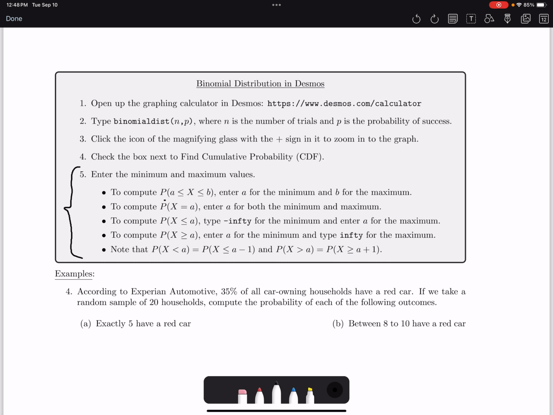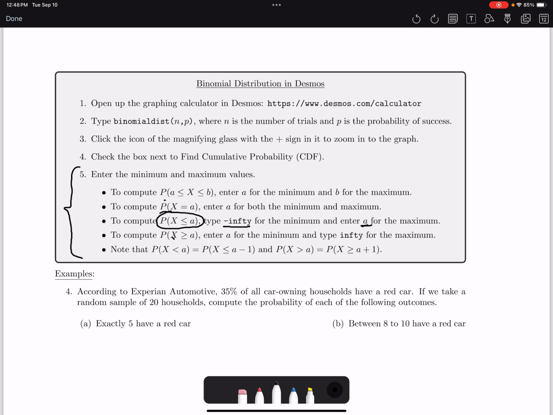If you want the probability x is less than or equal to A, then there is no lower bound, right? There's only an upper bound. So you'll type in A for the maximum, but you'll type in negative infty for the minimum, right? That's not a typo. Those are the letters you should type, infty. And Desmos will turn it into an infinity sign, right?